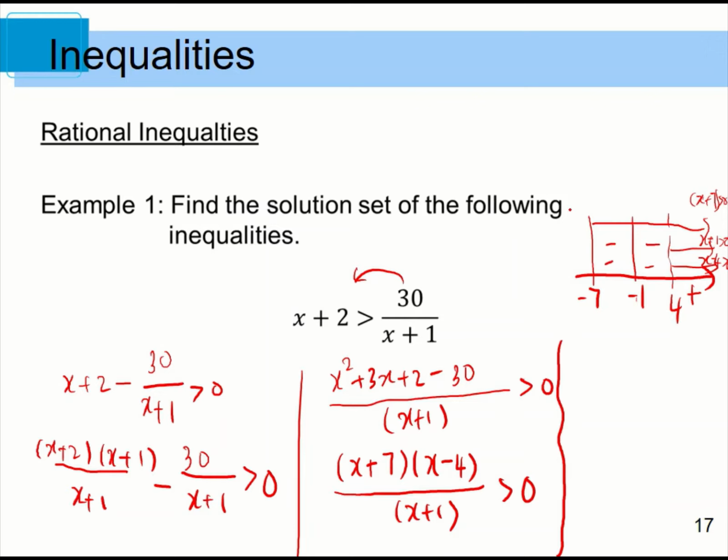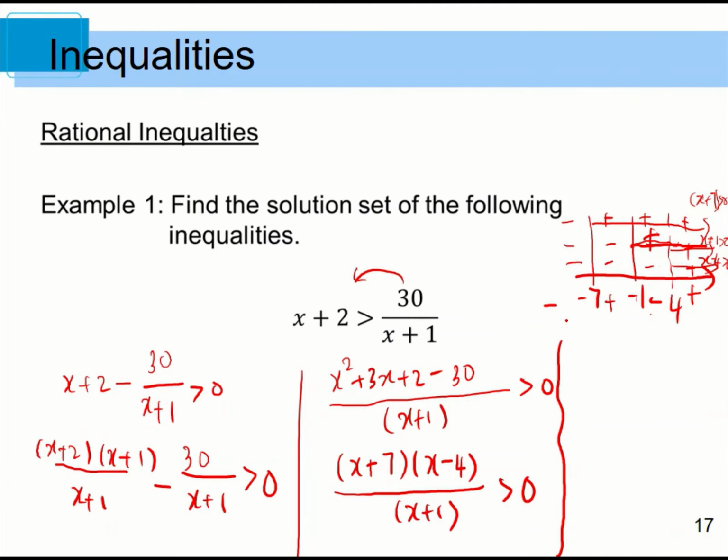The line represents the positive, and the space with no line represents a negative, and we will get positive. This is also positive, so this is negative. The line actually includes here. So this is negative, and this is positive, and this is negative.